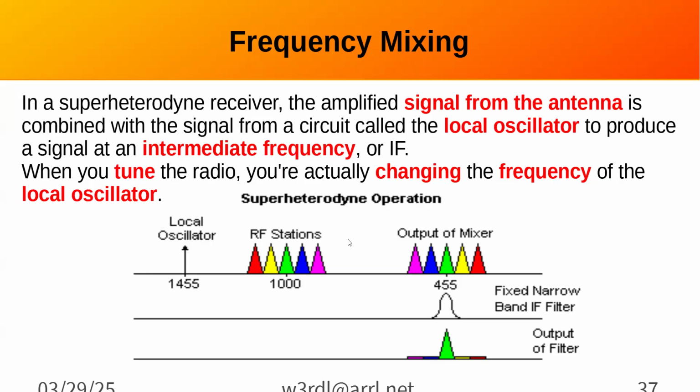And this is just kind of showing the case where you got a bunch of RF stations out there fairly close together, all the little different colors. And your local oscillator frequency down here. This is obviously AM radio, 1.4 megahertz.